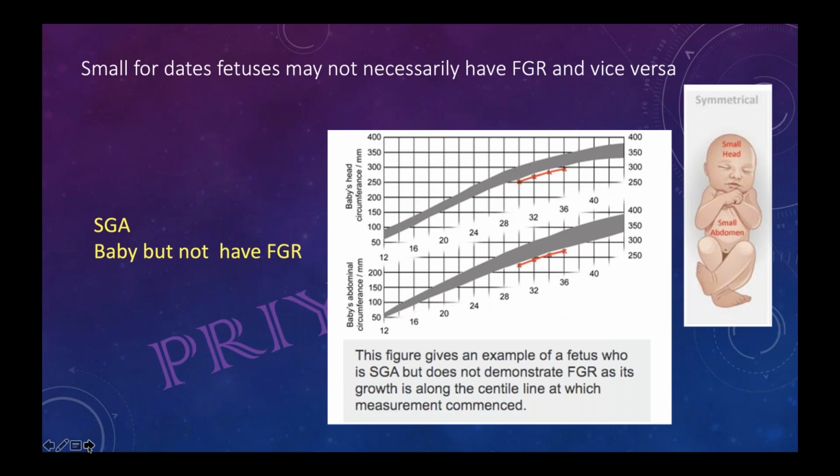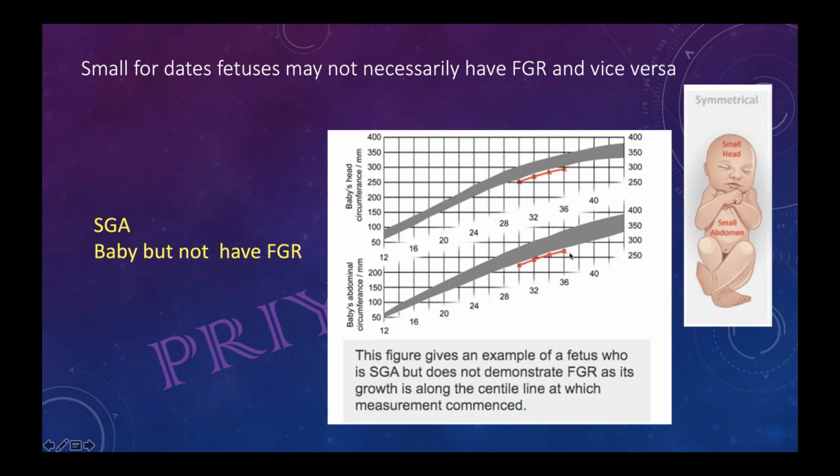Now, with small for date, there are two types of issues. A baby is SGA, but it doesn't mean that the baby has fetal growth retardation. You can see from this chart the baby's head circumference and abdominal circumference, and both of them are on the lower side.